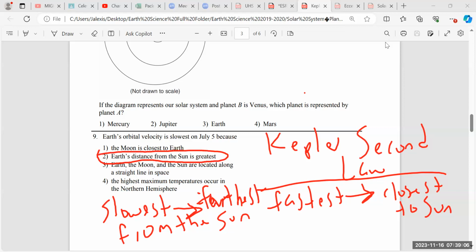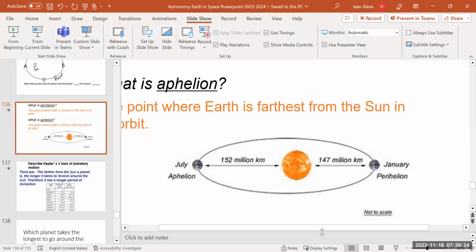And if we take a look at our notes, I'm going to clear this up. So I encourage people to pause if you need to write things. If I'm talking too fast, you can slow down the play speed as well. Remember that we were talking about perihelion and aphelion. We stated that when the Earth is in its July position, it has the greatest distance from the sun.